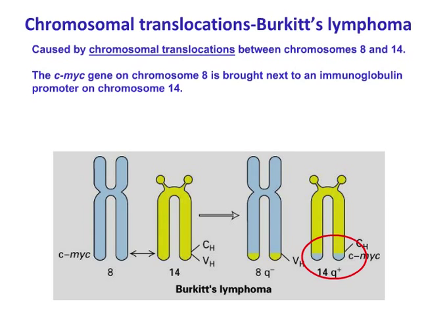It's caused by a translocation between chromosome 8 and chromosome 14, in which the proto-oncogene c-MYC is placed under the control of an immunoglobulin promoter. Since immunoglobulin promoters are highly active in B cells, this results in overexpression of the c-MYC transcription factor, which then drives replication of these cells.